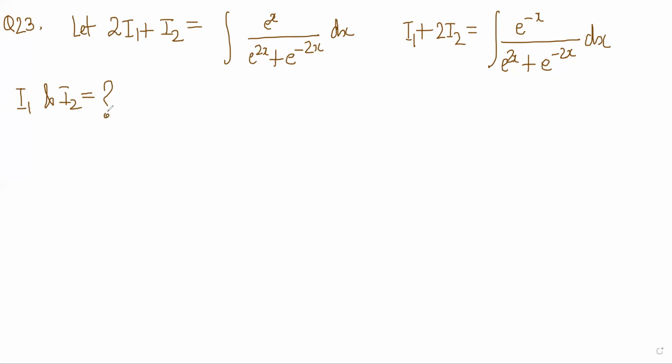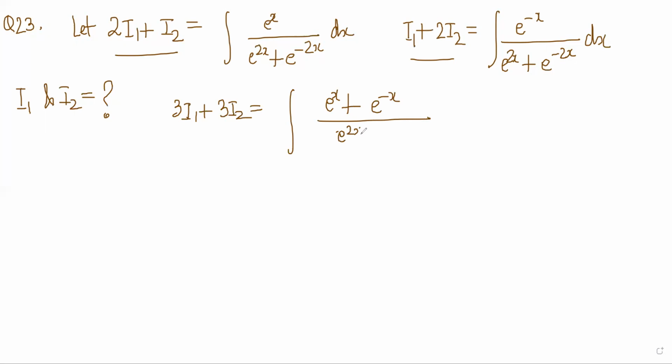You can actually try to solve this, right? If you add both the equations, right, you will get 3I1 plus 3I2 is equal to integral of e power x plus e power minus x by e power 2x plus e power minus 2x, right? Correct.